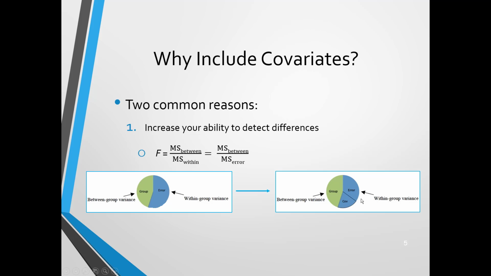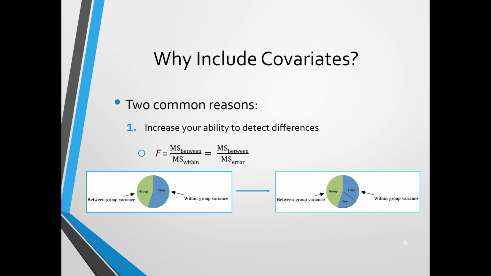And so the denominator of your F statistic gets smaller. Now, what would that do for the F statistic if the denominator gets smaller? If the denominator is smaller, then the F statistic would get bigger, wouldn't it? And so the greater your F statistic, the more likely that you would be able to reject your null hypothesis, all things being equal. And so that makes your test a bit more powerful to detect differences.